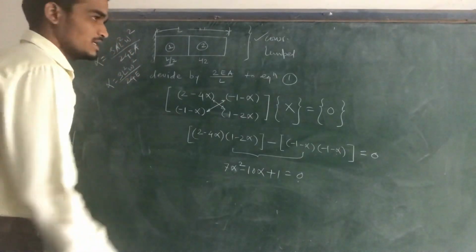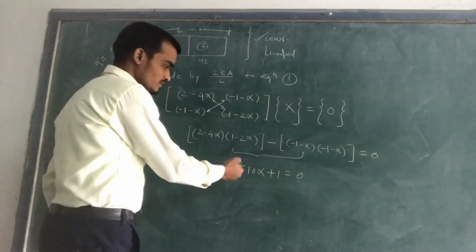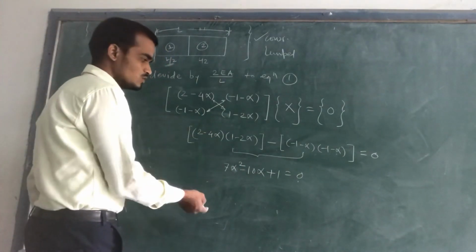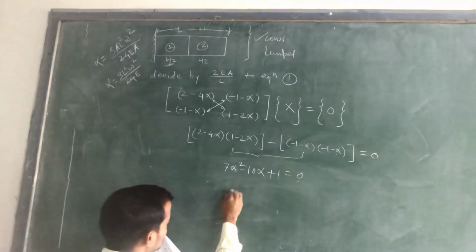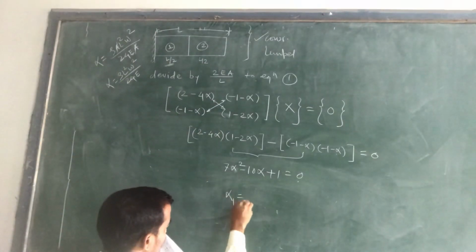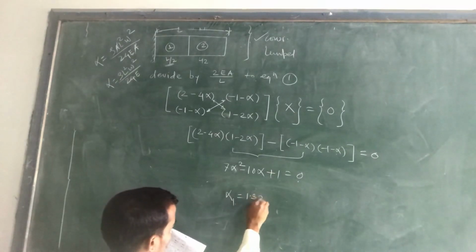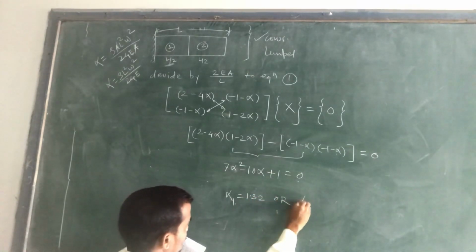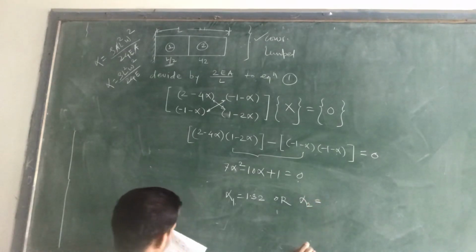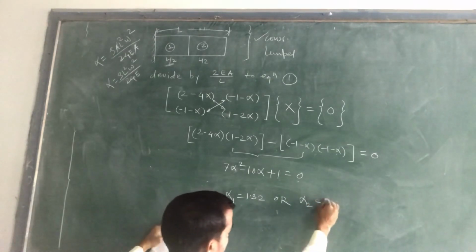By solving this quadratic equation, you will get two roots. The first one is alpha 1 is equal to 1.32, and alpha 2 is equal to 0.10.